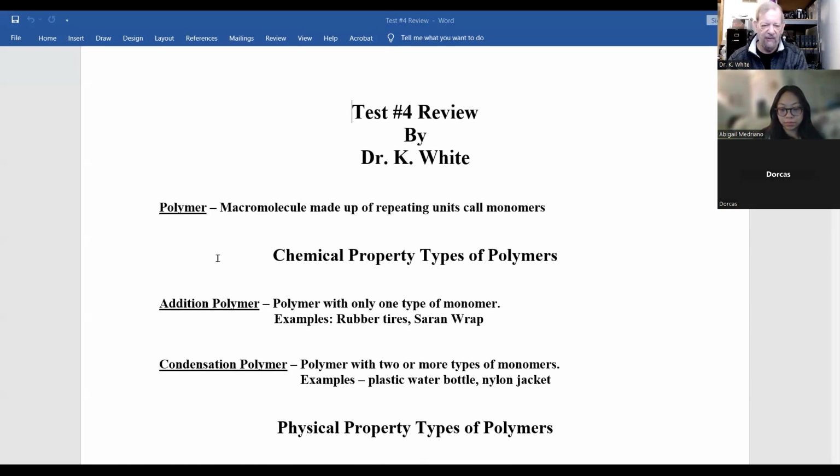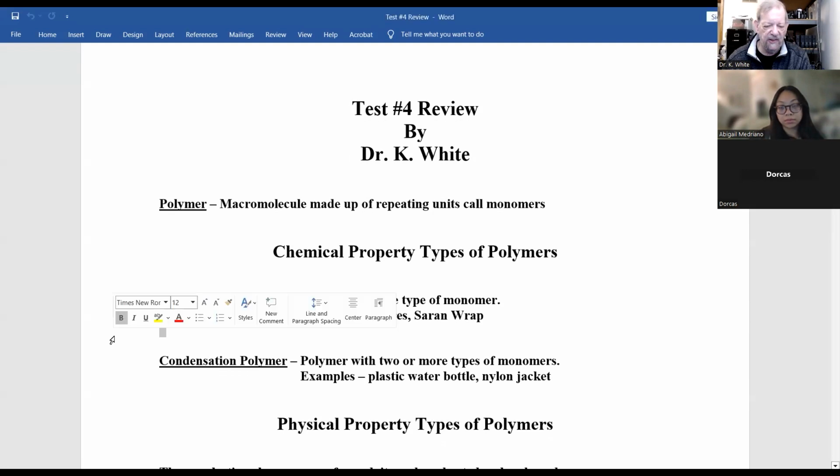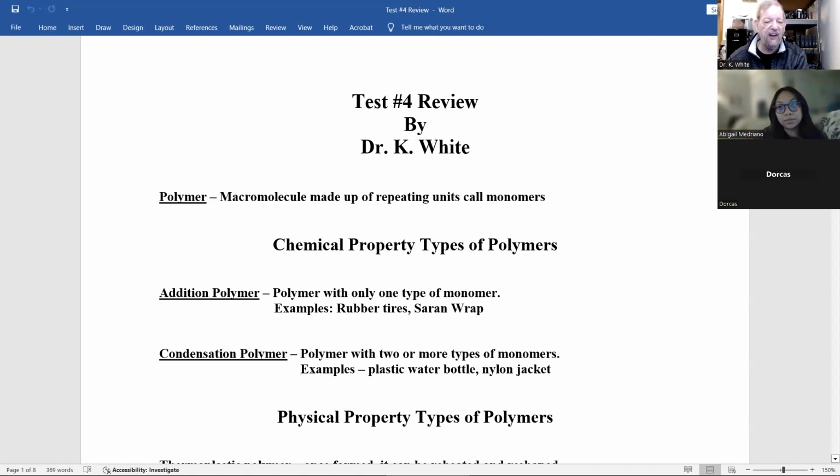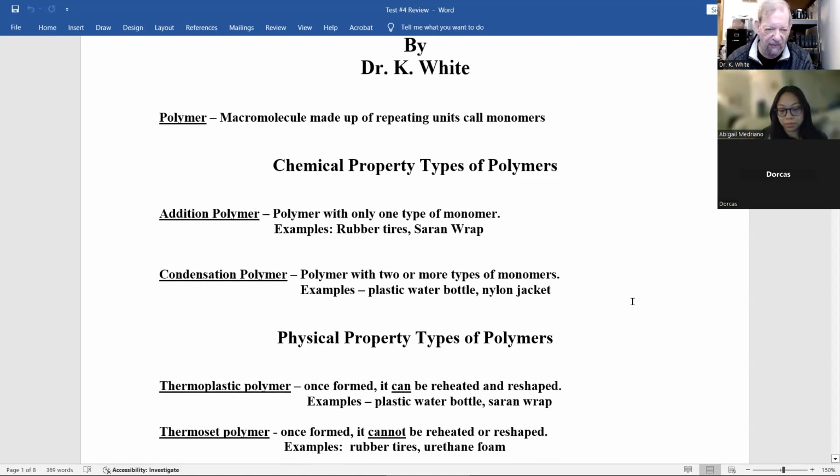Things you should know. You should know what is a polymer. It's a macromolecule, which means it's a big molecule made up of repeating units called monomers. Now, there are different types of polymers you should know. First one is an addition polymer, and that's a polymer made up of one type of monomer.